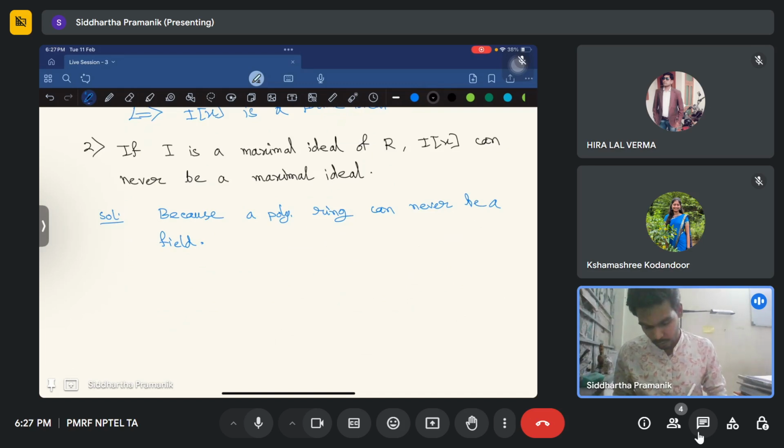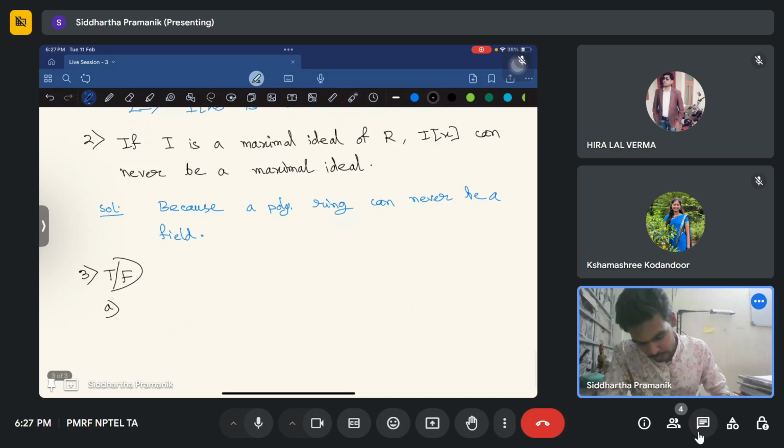Okay, let's do the next problem. This is a true false type question. Part A: let R be the polynomial ring over the integers. I will define two ideals.